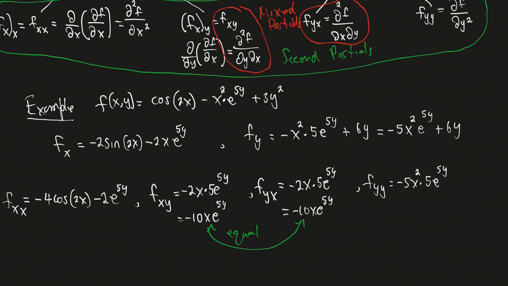And then when I differentiate this 6y with respect to y, I will get 6. So here we go. We have our 4 second partial derivatives, 2 of which are mixed and are actually equal. And then we have the second partial with respect to x, second partial with respect to y, right?